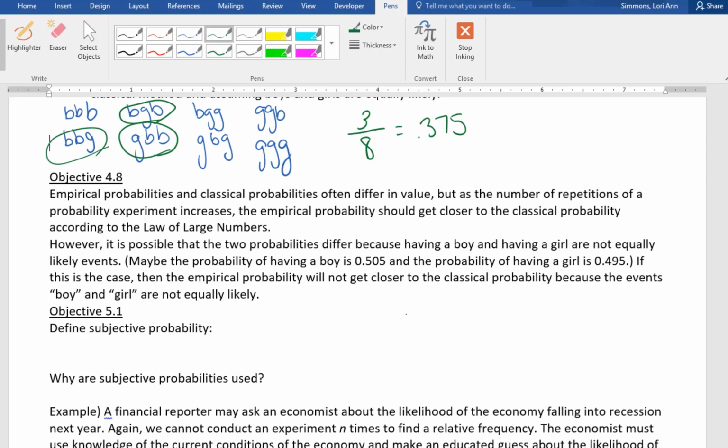Maybe the probability of having a boy is 0.505. The probability of having a girl is 0.495. If this is the case, then the empirical probability will not get closer to the classical probability because the events boy and girl are not equally likely. Because if you remember, the requirement for the classical method was to have equally likely outcomes.